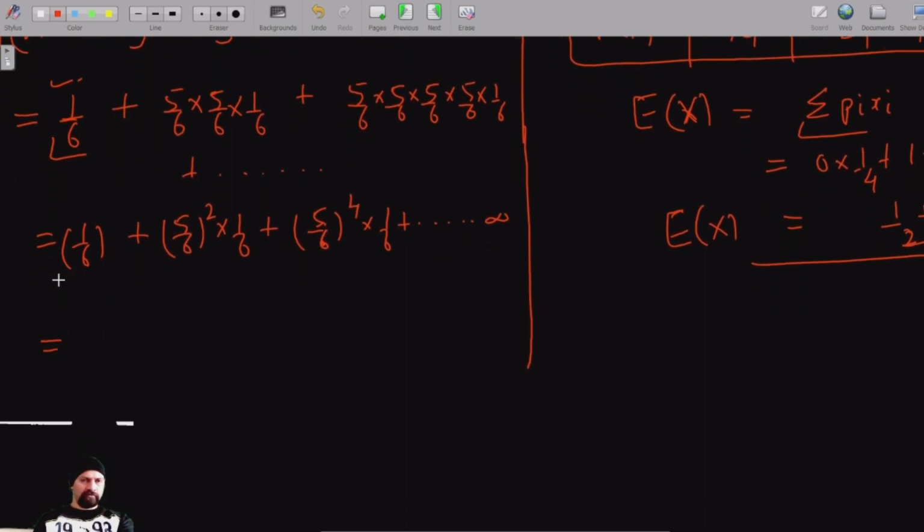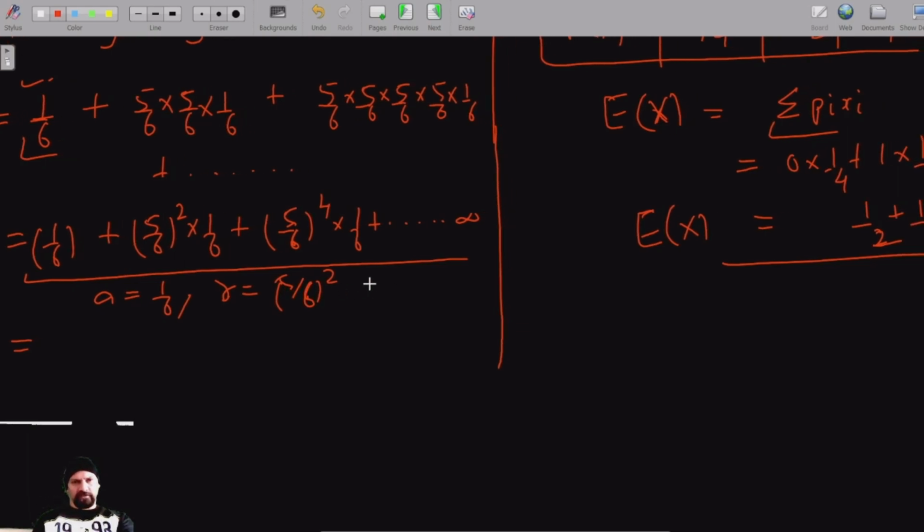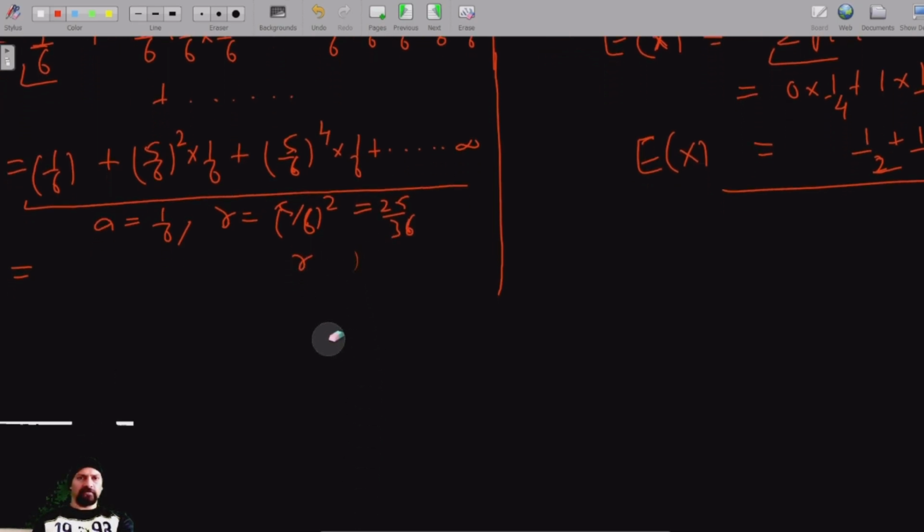If you have a close look at this series, it is a GP where a is 1 by 6 and the common ratio is (5 by 6) whole squared, which is 25 by 36. Here r is less than 1, so the formula for the sum of a GP till infinity is a upon 1 minus r.